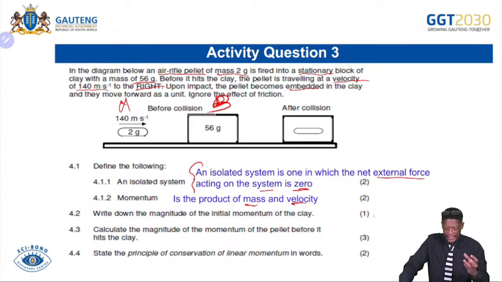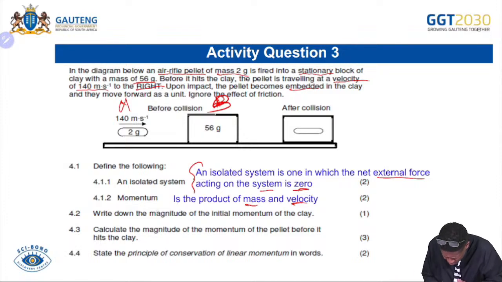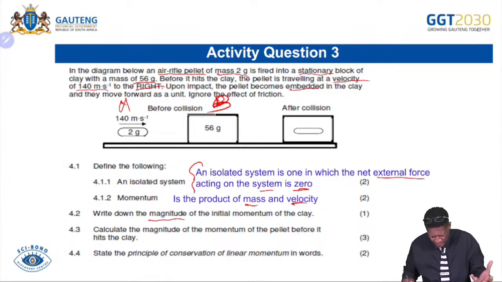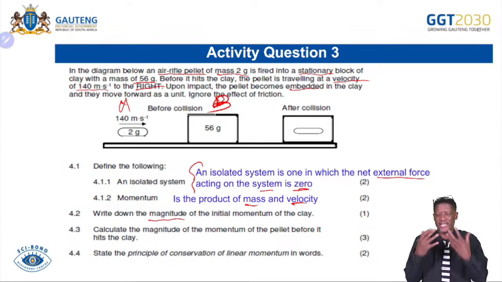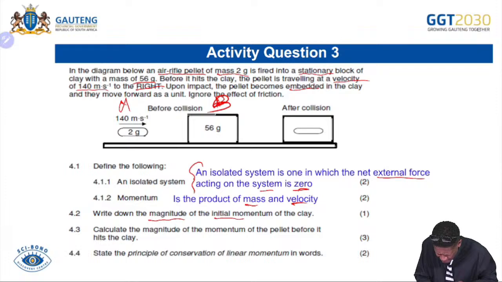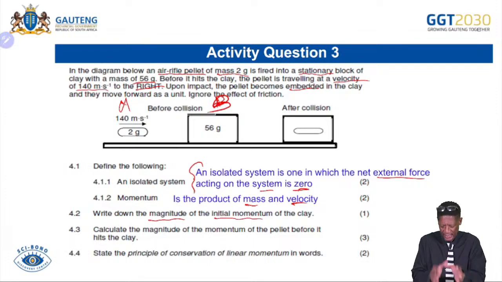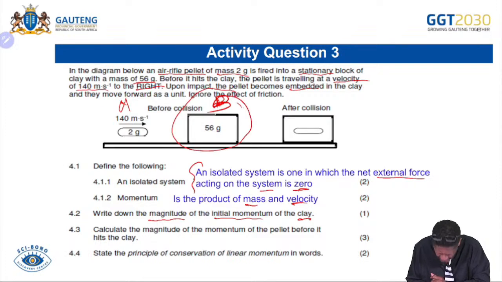It says, write down the magnitude, the size of the initial momentum of the clay. Initial means start or beginning. What is the momentum of the clay, this clay B, at the beginning?